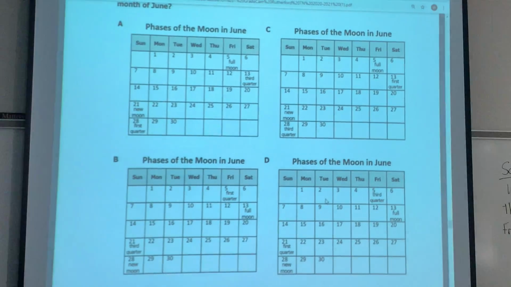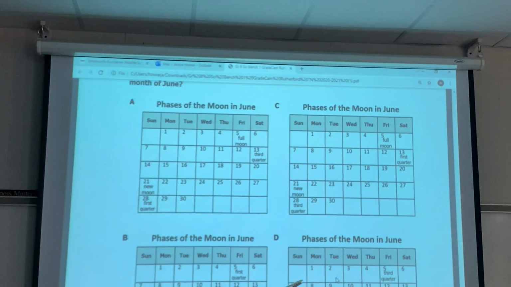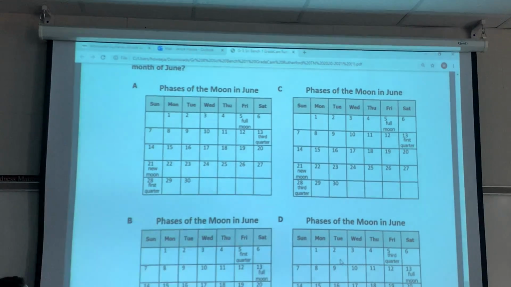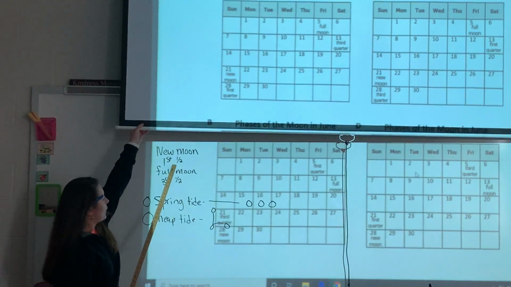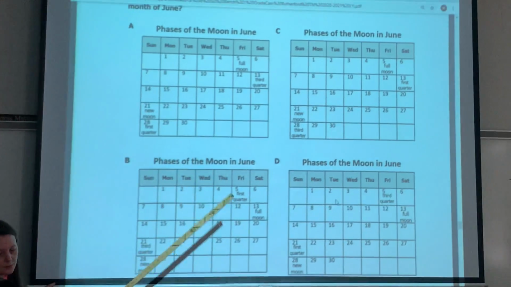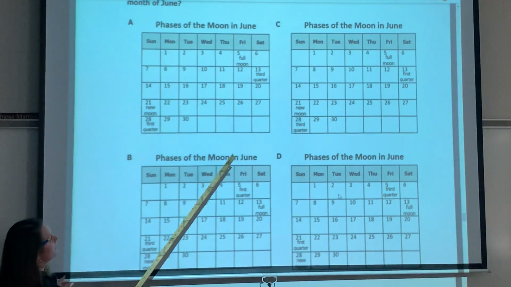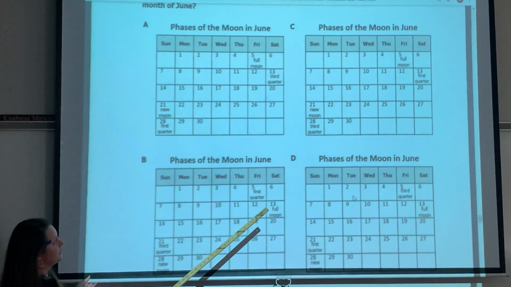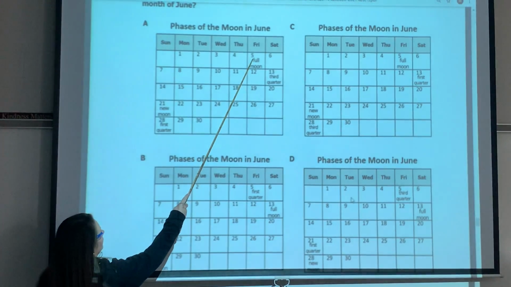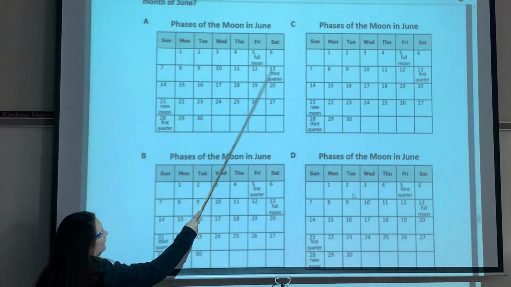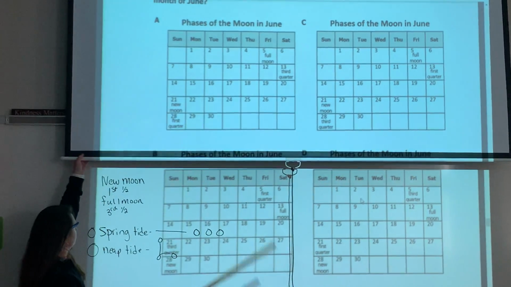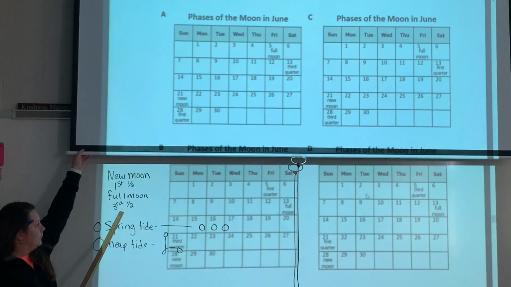Now, let's go back up to A and C. So we know B and D are out. Remember how I said over here: new, first, full, third. So when we look at these questions, we're going to look for a full, third. What comes after full?